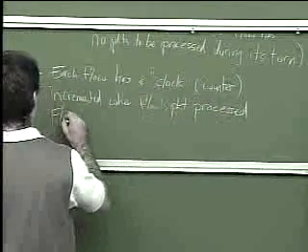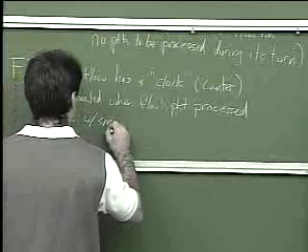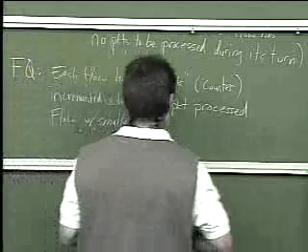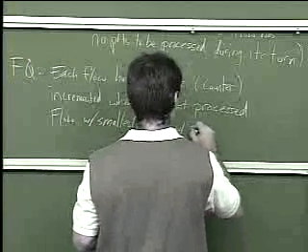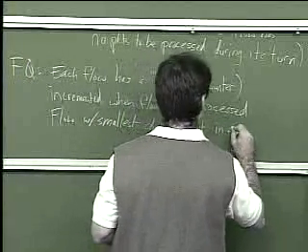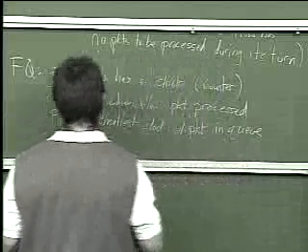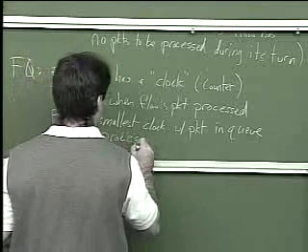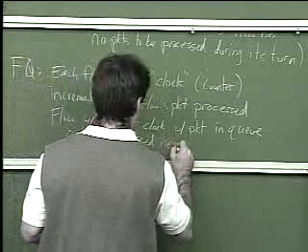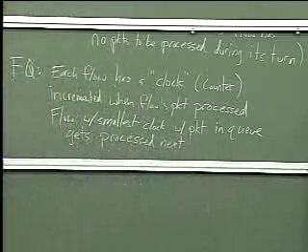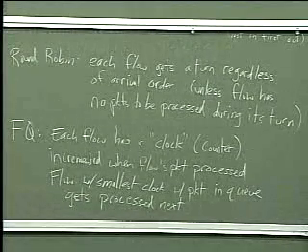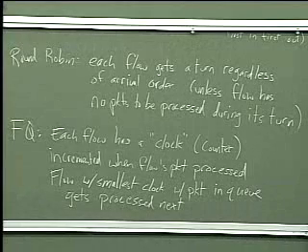The flow with the smallest clock has priority. Its packet in the queue gets processed next. And there's a priority queue, which again doesn't need much of an explanation.